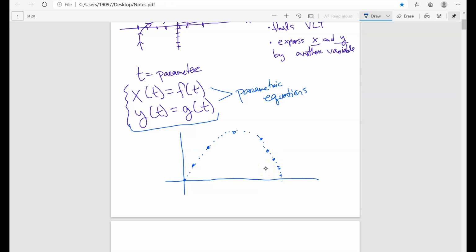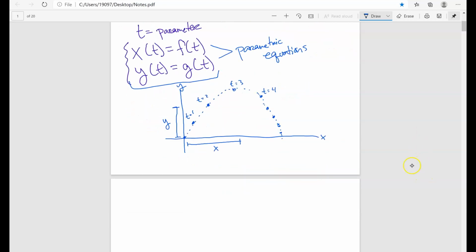The vertical distance is expressed in terms of y, the horizontal distance in terms of x, and I can model it at different times. This can be time equals 1, time equals 2, time equals 3, time equals 4, and so on until the ball finally hits the ground. So here's another way that we can look at parametric equations.